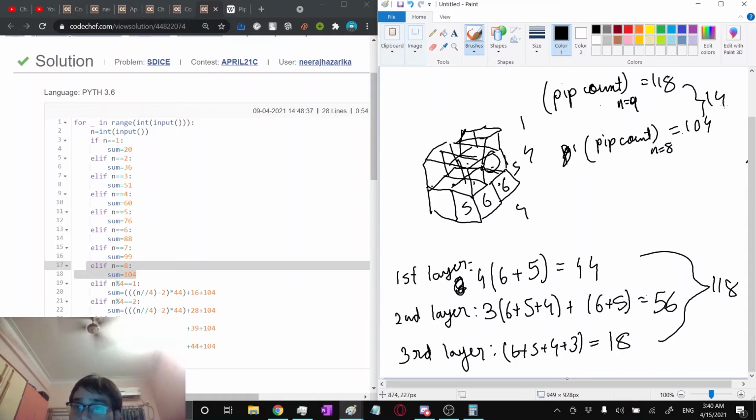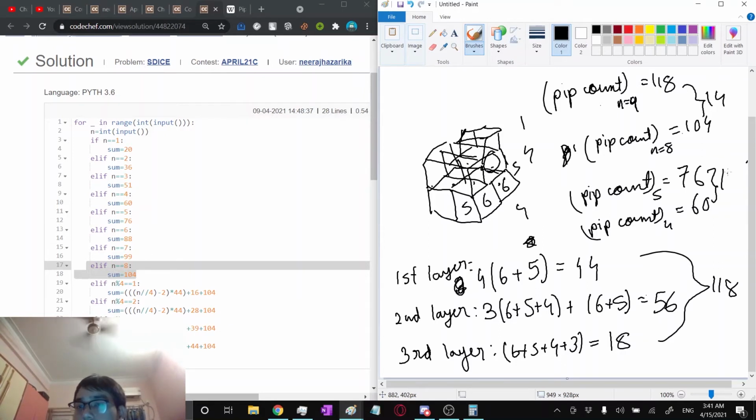And this same difference can be seen for n equal to, the count between 5 and the count 4. The count for 5 is 76 here, and the count for 4 is 60 here. It's 16. Sorry, I made a mistake.